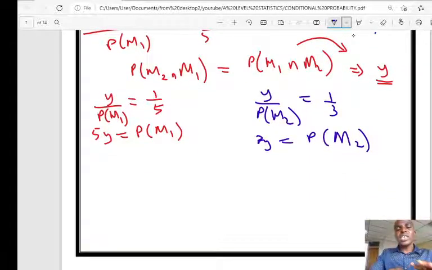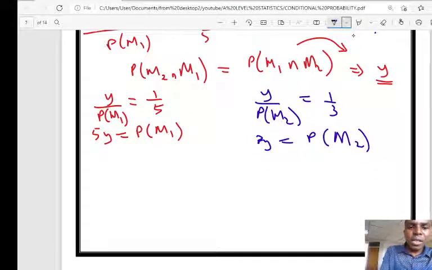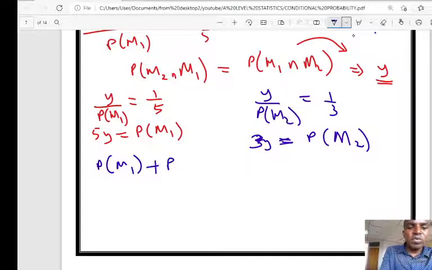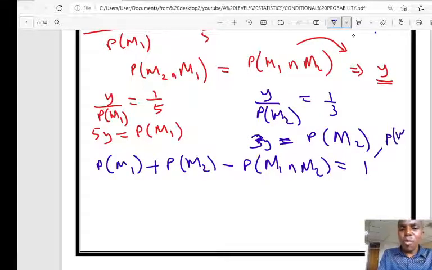Then since these events are exhaustive events, we can say the probability of M1 plus the probability of M2 minus the probability of M1 intersection M2 is equal to 1. This is the probability of M1 union M2, which is supposed to be 1.